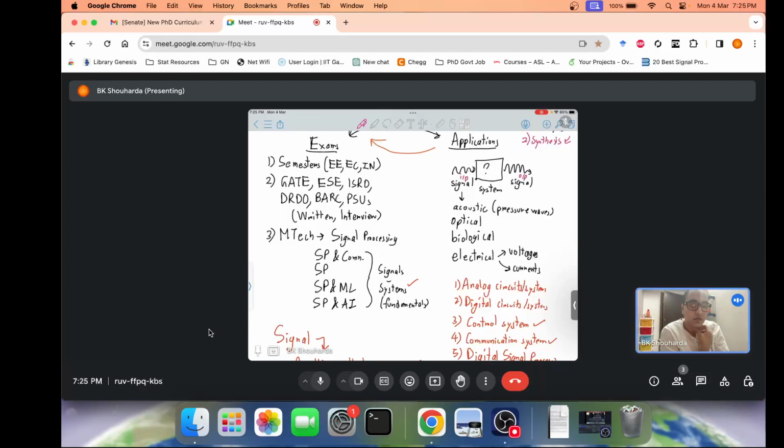If you are trying to use this certificate for pure signals and systems, I don't know whether it would be too useful, because I doubt its practical utility in any interview or anything, because this is a core course which every engineer undergoes in undergrad.